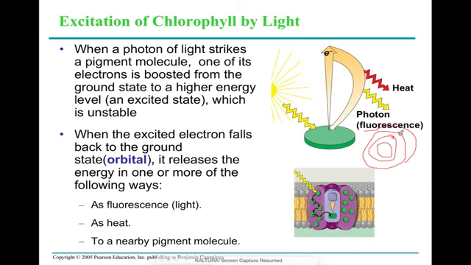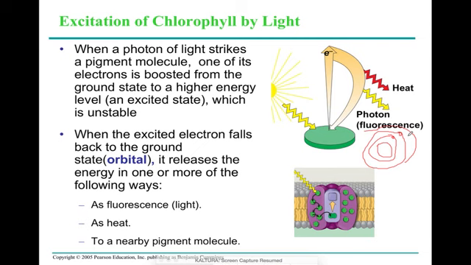And whenever there is anything in nature which is not natural, it will try and come back to the natural state. So this excited state for this electron, after gaining that energy from the radiation, has moved it from the natural state, and it has become unstable.